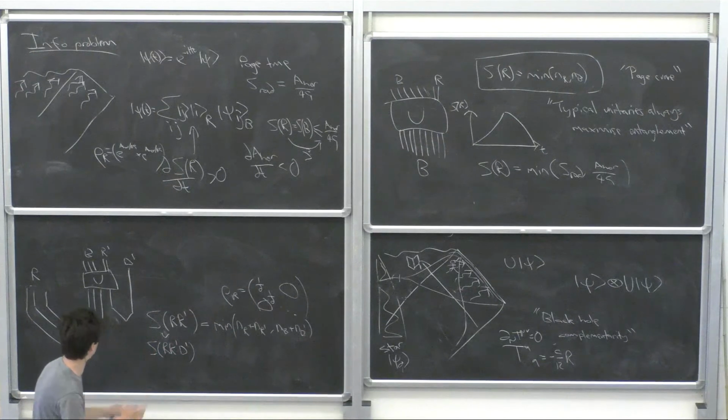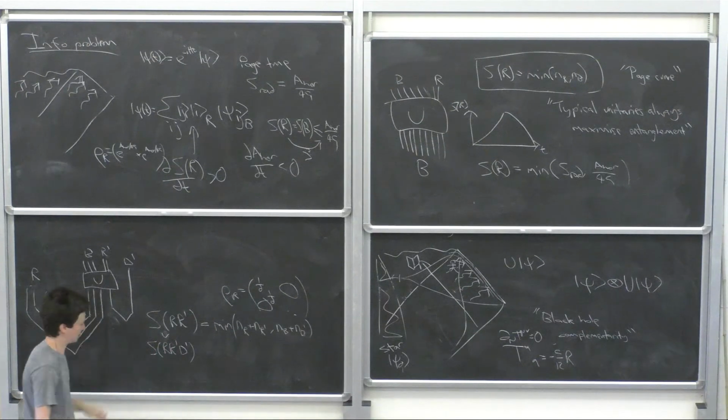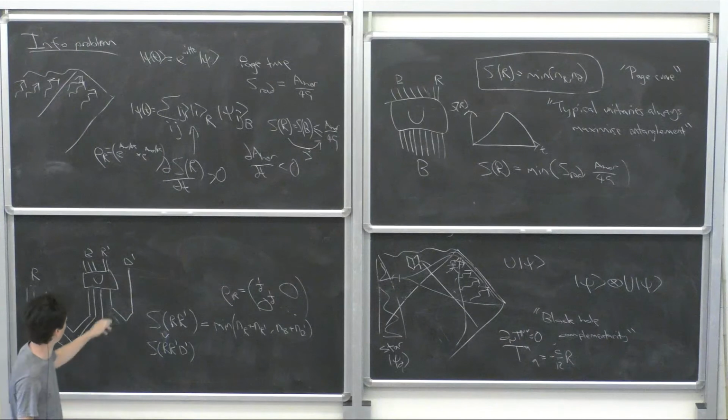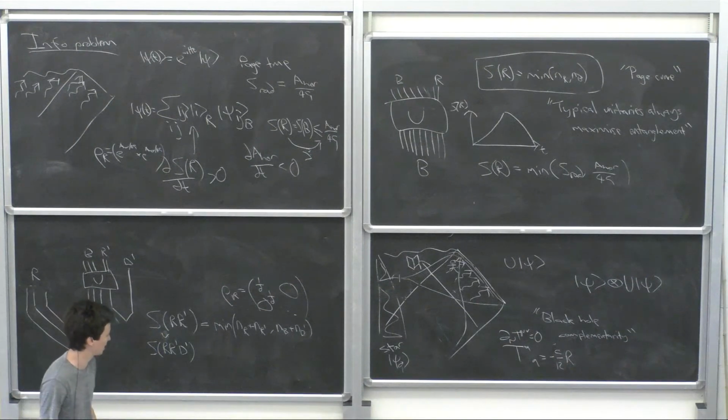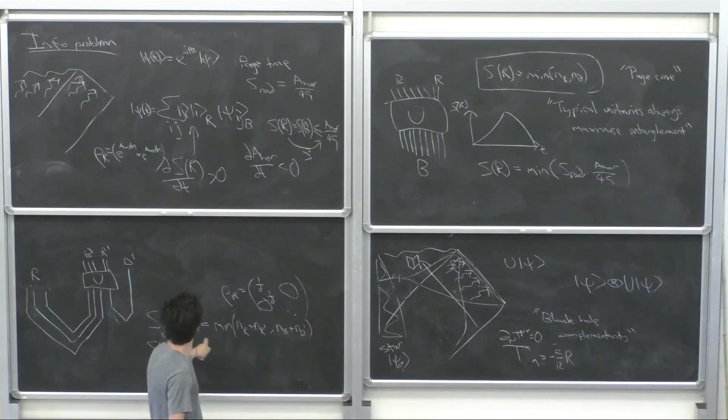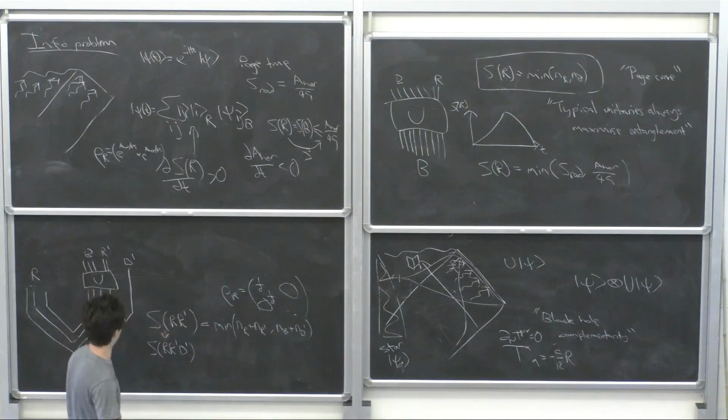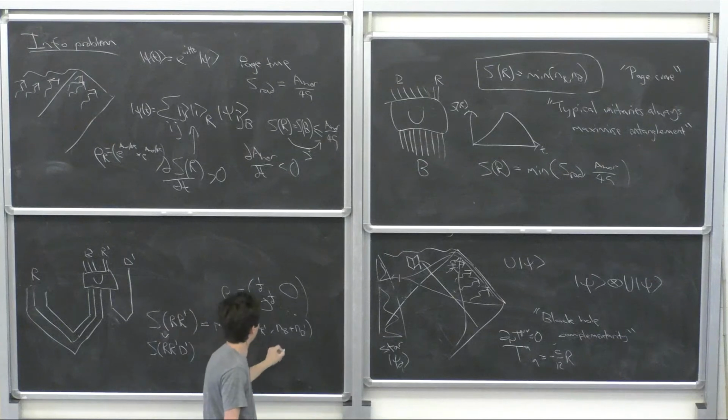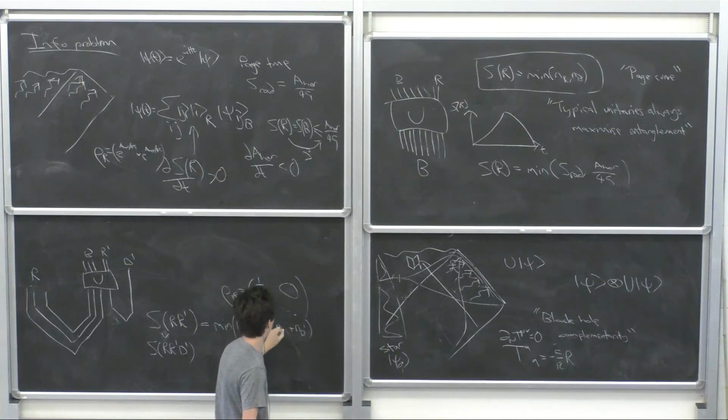Okay, so let's go back to this very rough and ready calculation of how long we have to wait until information comes out. So S of R and R prime is just given by the smaller of these 2 things. In particular, we have M_B equal to N_R, so let's just call that N_R.